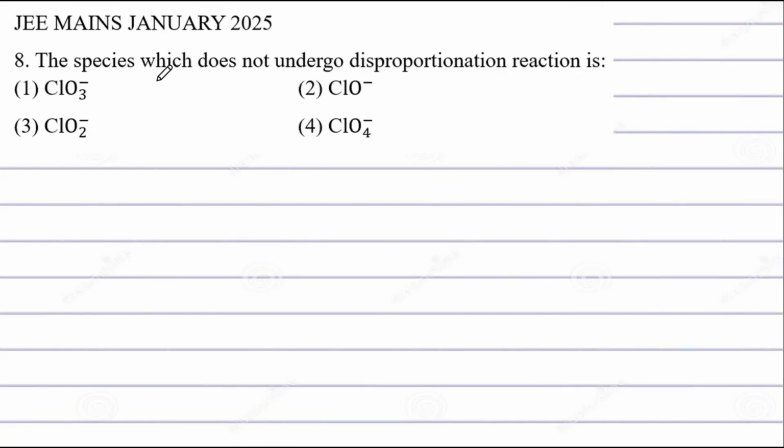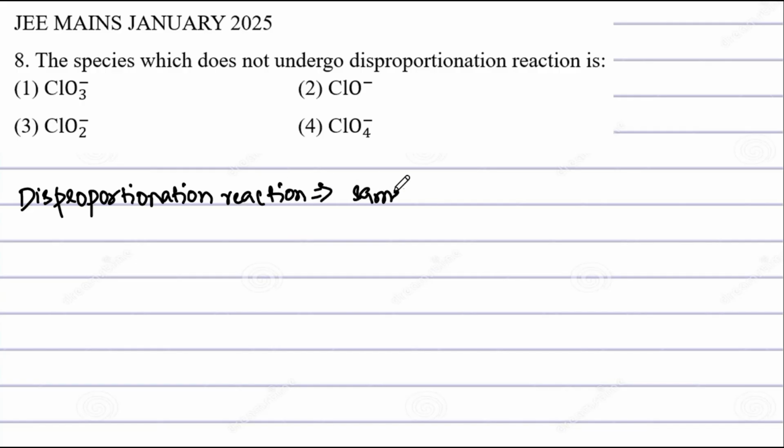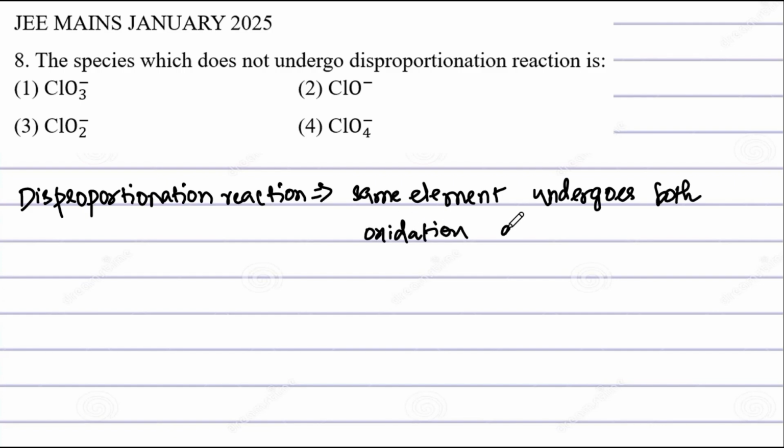Next question: the species which does not undergo disproportionation reaction is. So first, what is a disproportionation reaction? In this reaction, the same element undergoes both oxidation and reduction.